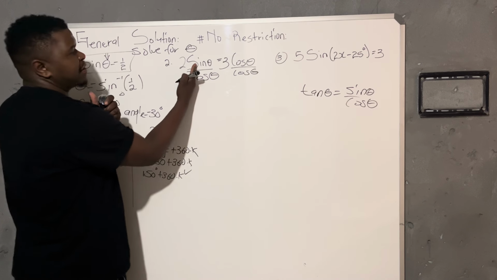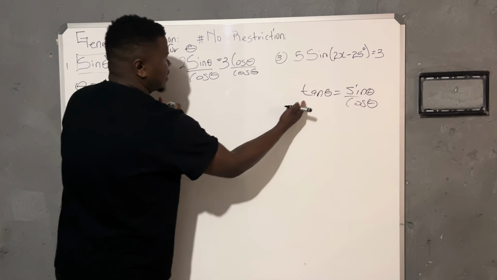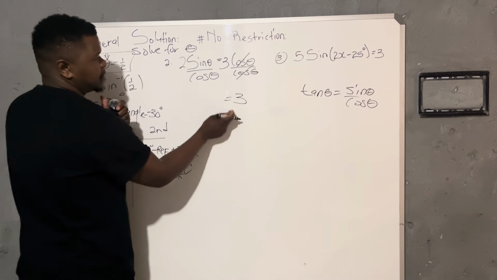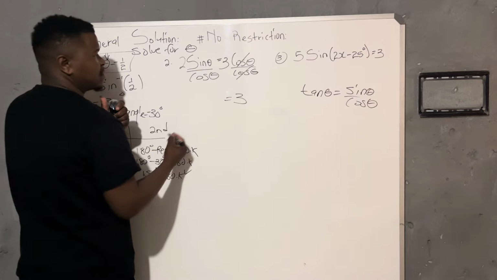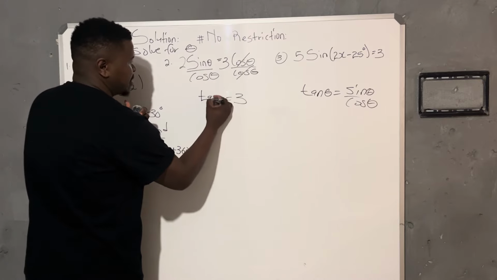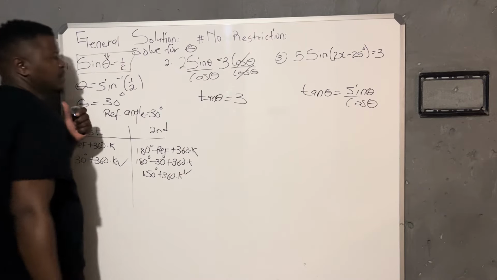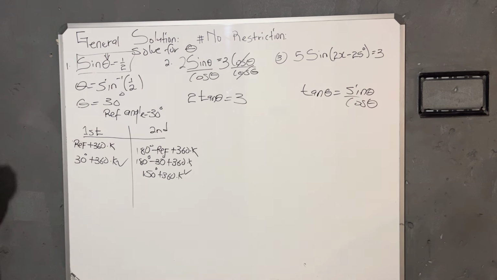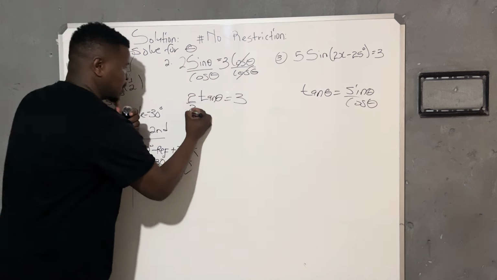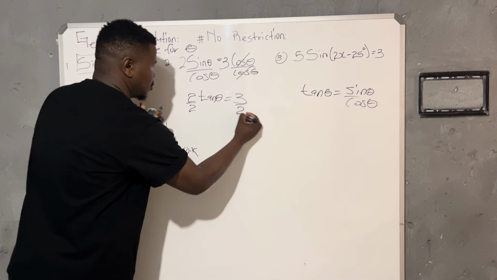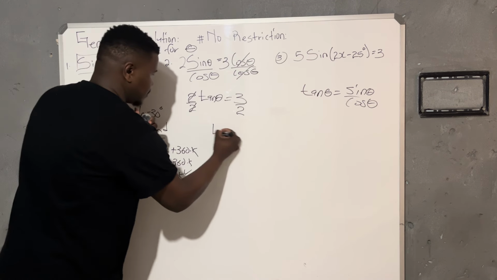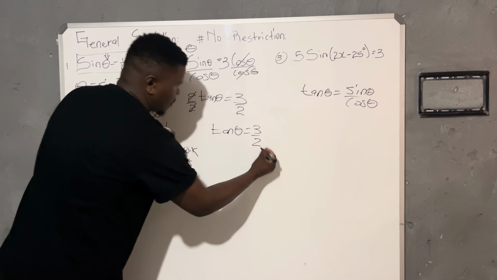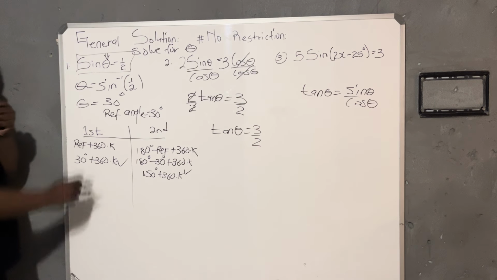Now you can see that sine over cos can give us a tan. These cancel each other. You remain with a 3. But what is sine over cos? That is tan of theta. You still have that 2. Now what do you do there? You divide both sides by 2.